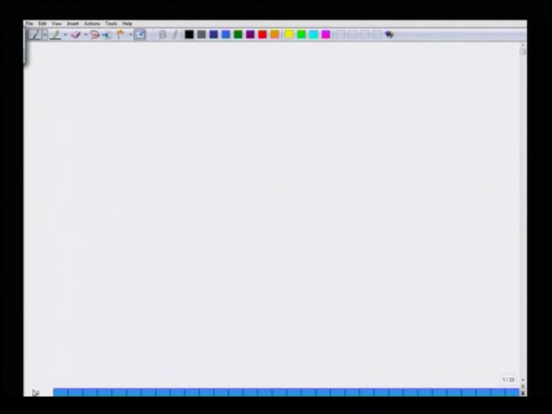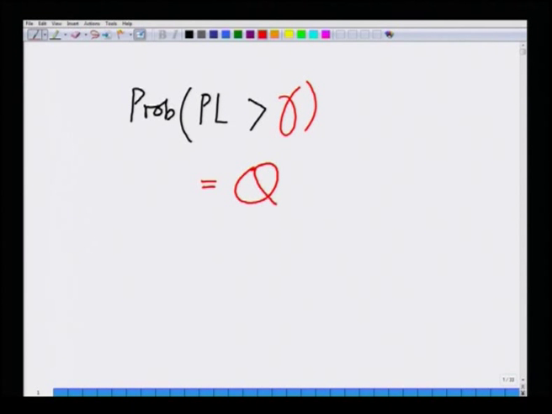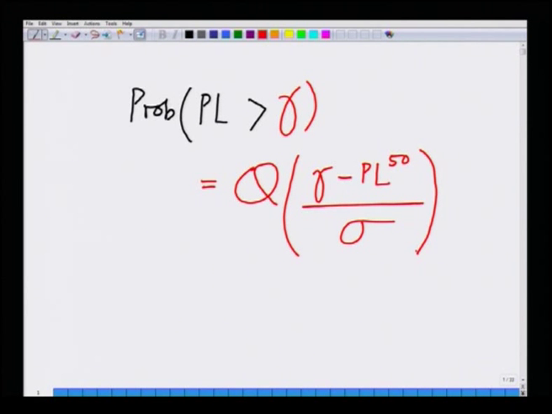We said that the probability that the actual path loss is greater than threshold gamma is nothing but Q, the Q function, of gamma minus the mean path loss divided by sigma.